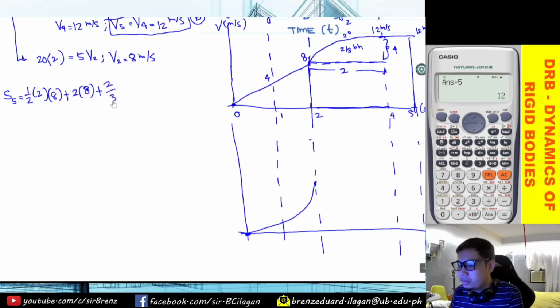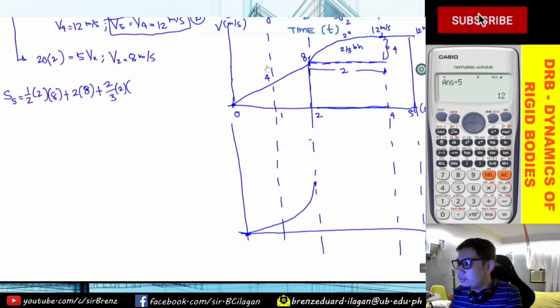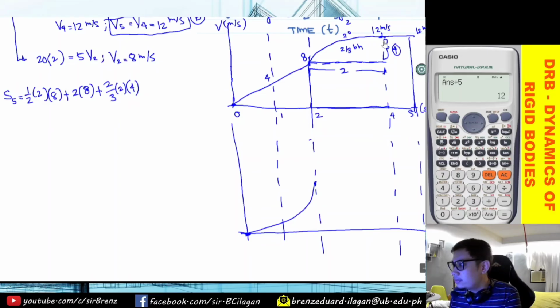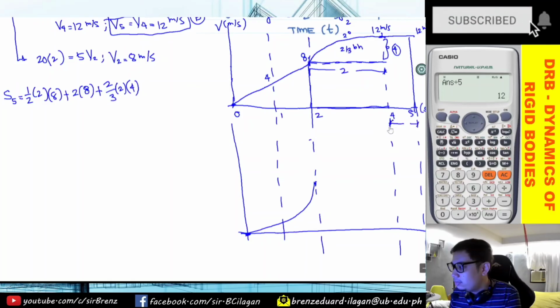So, plus 2 over 3 of the base, which is 2, times the height of 12 minus 8, which is equals nga sa 4. Alright, and last, will be the area of this to get the displacement at 5th second, or the distance traveled. So 4 minus 5, so this is 1, and the height is 12, so plus 12 times 1.